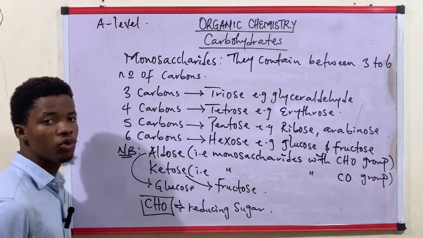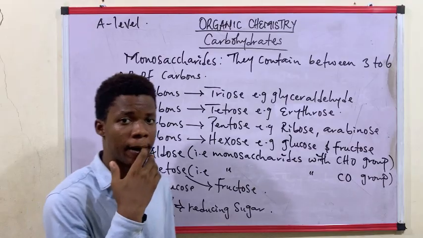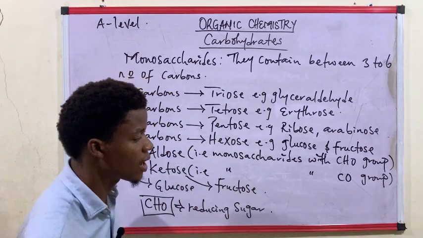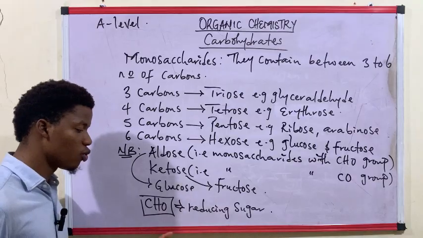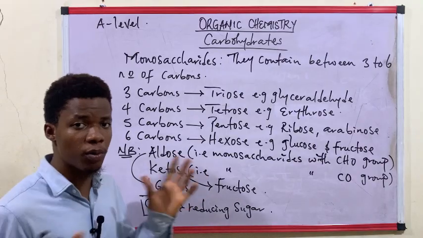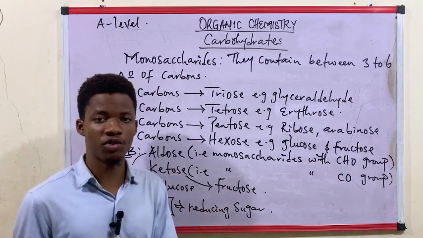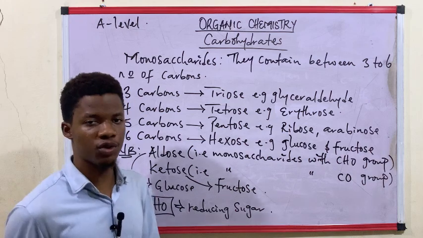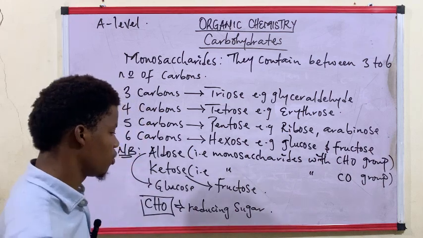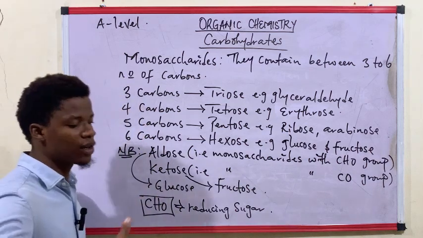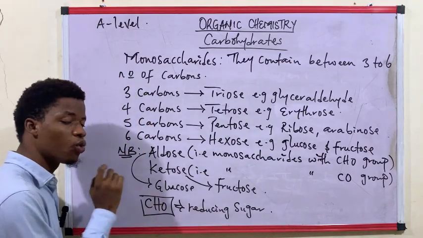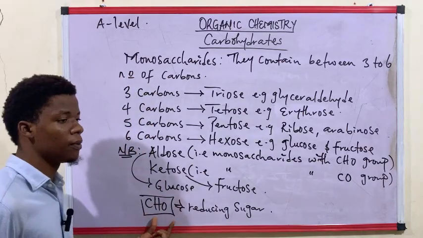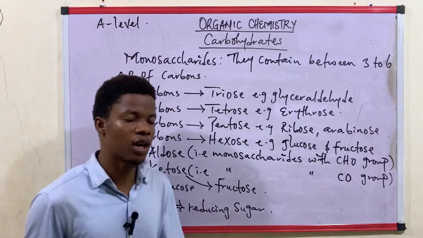There are also some disaccharides and even monosaccharides that are reducing. But glucose, as one of the most common examples, is a strong reducing sugar, because it has the CHO group, which is the aldehyde functional group.